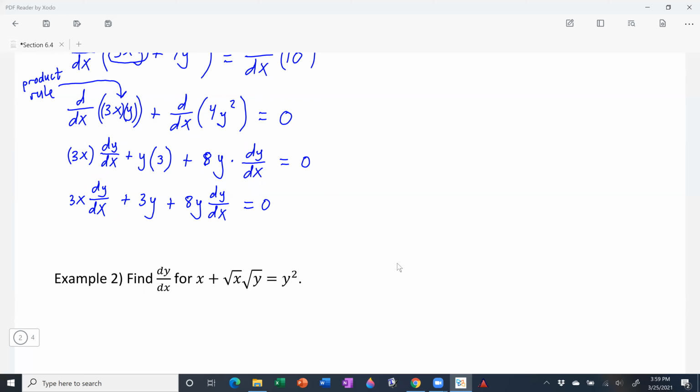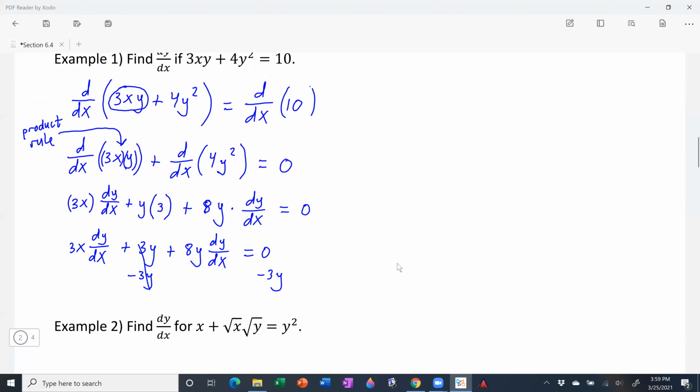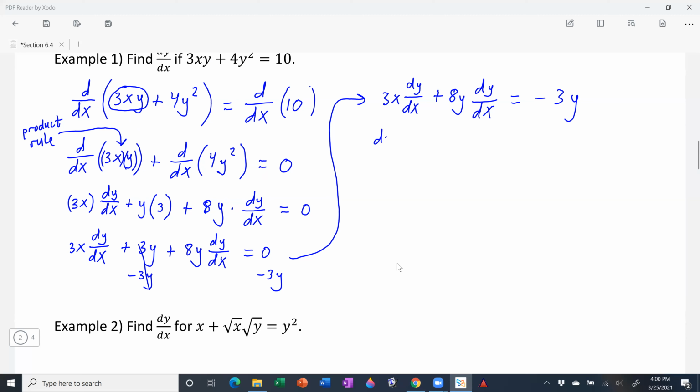So I want to keep anything with a dy/dx in it on one side and move anything that doesn't have a dy/dx in it to the other side. So let's subtract this 3y from both sides. Now we've got 3x dy/dx plus 8y dy/dx equals negative 3y. The point of doing that is that now, since everything on the left-hand side has a dy/dx in it, we can factor that out as the GCF.